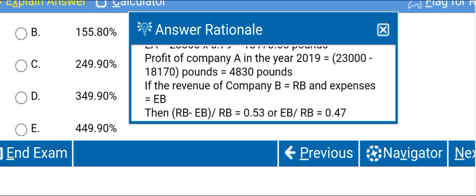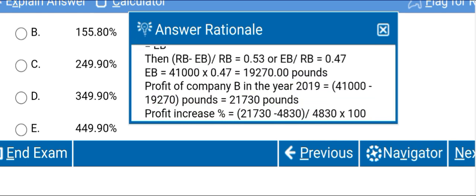If the revenue of company B equals RB and expenses EB, then RB minus EB divided by RB equals 0.53, or EB divided by RB equals 0.47.